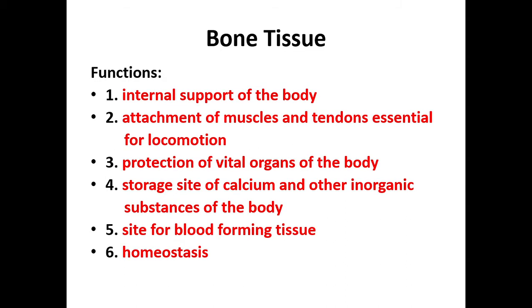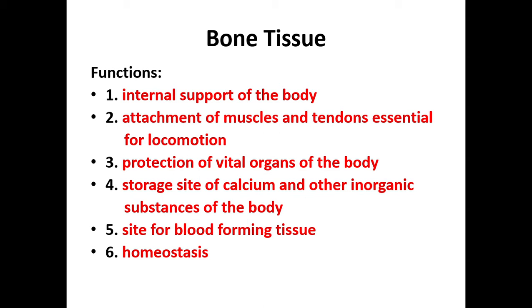The bone tissues have six important functions. Number one, internal support of the body. Just imagine the body without the bones, so the body cannot stand up, and other structures of the body will not be supported. Number two, attachment of muscles and tendons essential for locomotion.